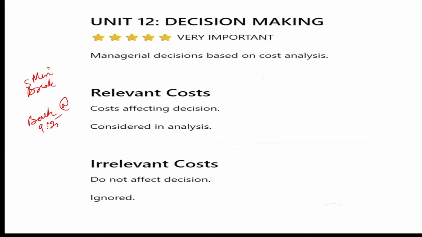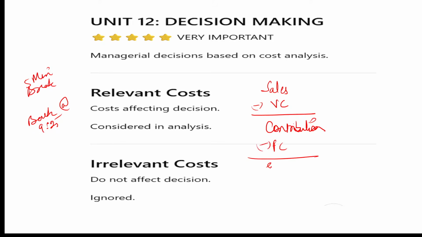So decision making. First of all, understand one chart that I gave you earlier, and I told you that this will be used everywhere. Same, I'm going to use it here. Sales minus variable cost gives you the contribution, minus fixed cost gives you profit or earnings, right? Now, understand.